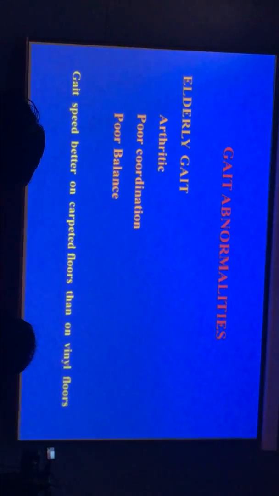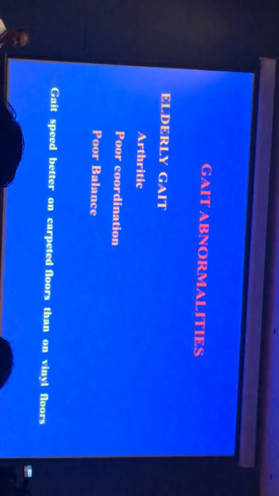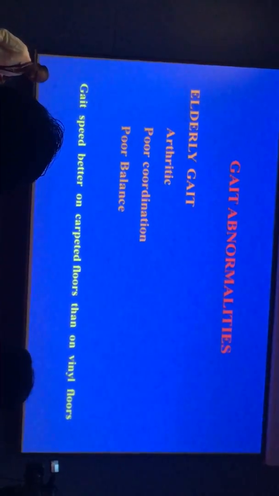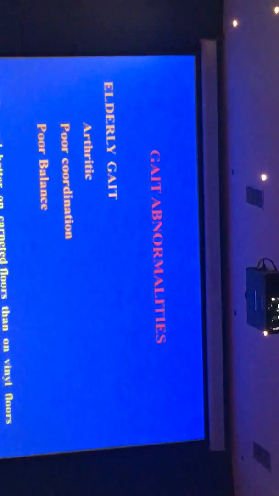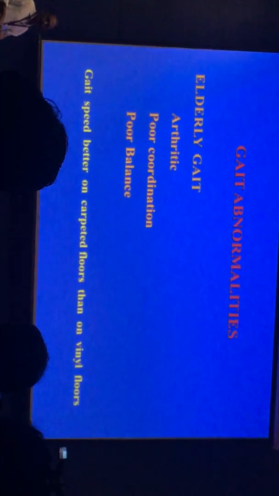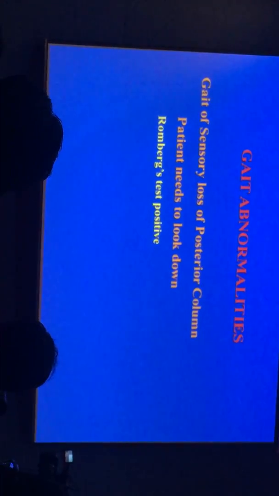Because they're arthritic, they'll take short steps. Because they have poor balance, they may take slightly broader steps, shorter than normal, and to reduce the amount of energy, they'll lower their center of gravity to improve the balance. Balance improves with lowering of center of gravity. So they might hunch down basically because they want to improve their balancing.